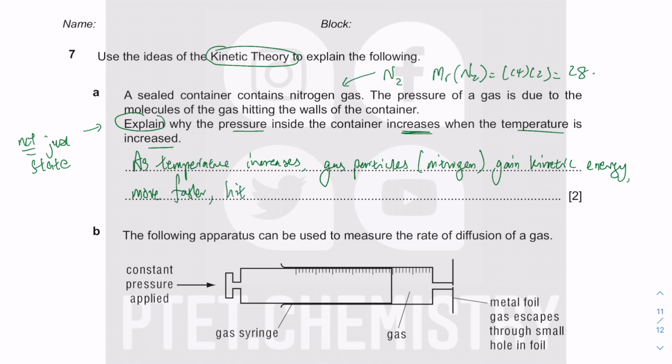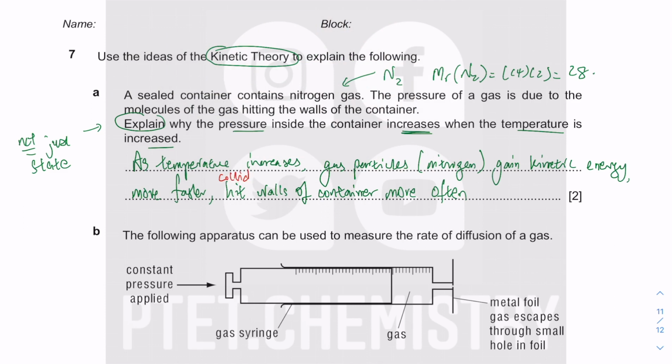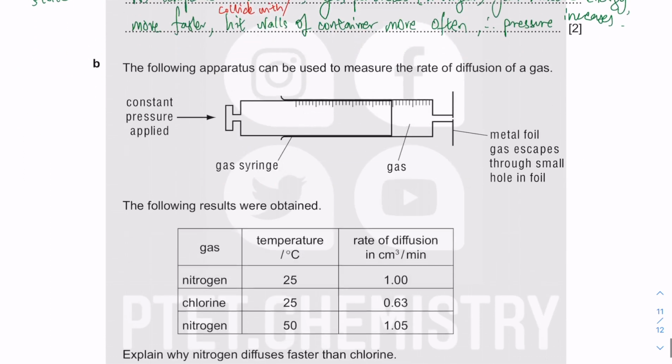Okay, you hit the walls of the container more often, or you can use the word collide with the wall, or the term hit the wall of the container more often. Therefore, since you are hitting the wall more often, pressure will increase. Okay, easy to state, not so easy to explain in terms of kinetic particle theory.